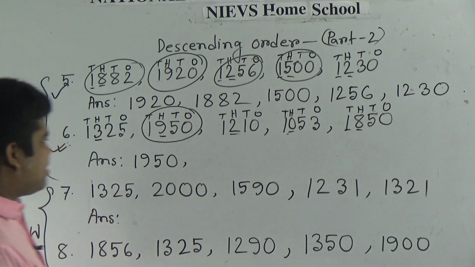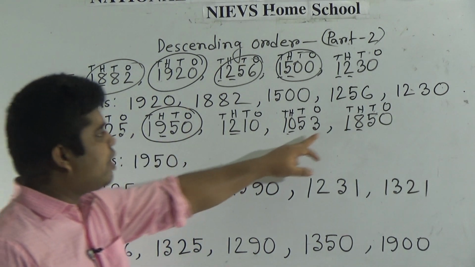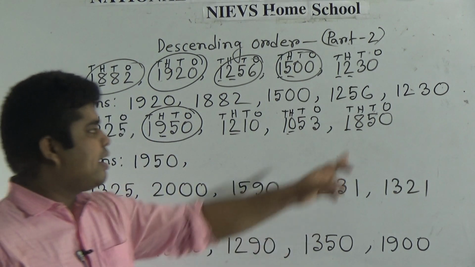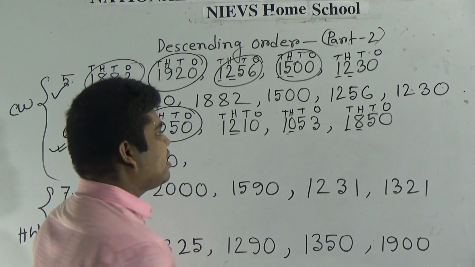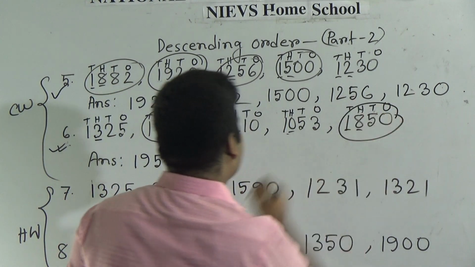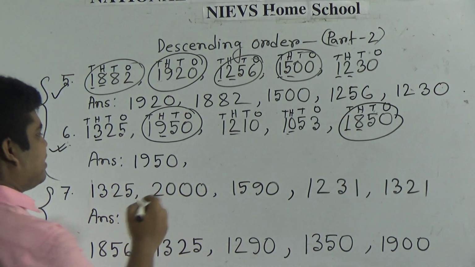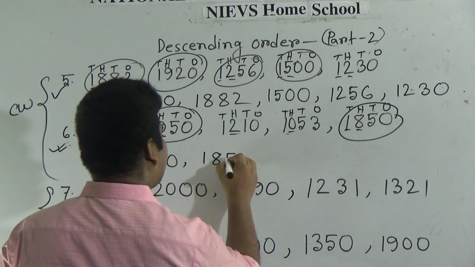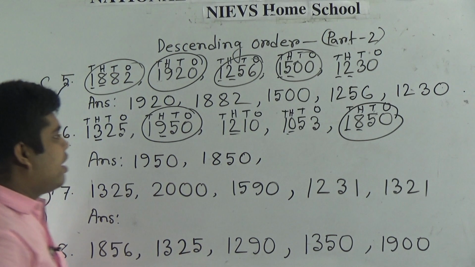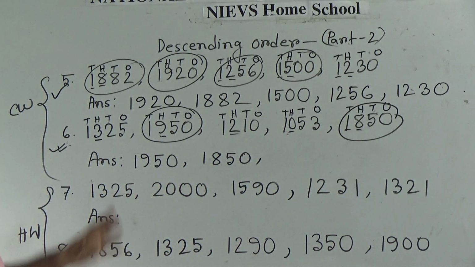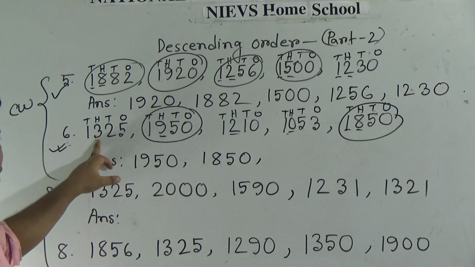From these, which number is greatest? 8 is greatest. So, we can say that this one is the greatest number among these 4 numbers, and we write this number 1850. Okay?